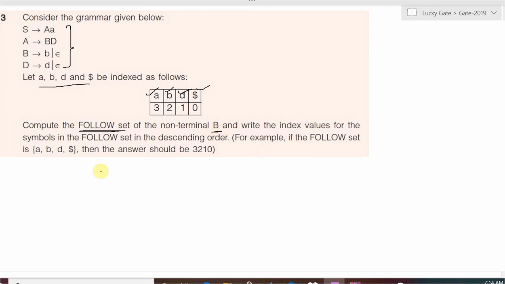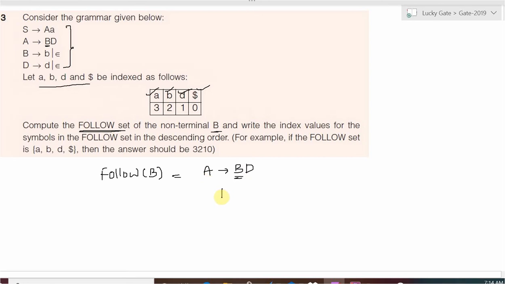Just try to understand how to compute the follow of B. To find follow of B, you should check the productions whose right hand side has some B. Here, in the production A tends to BD, B is there in the right hand side.